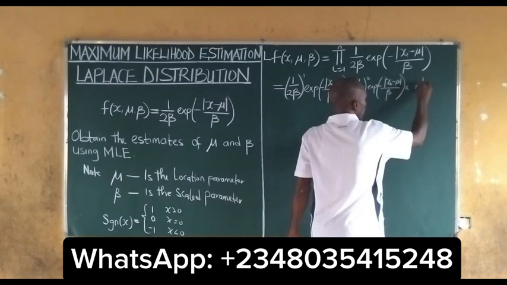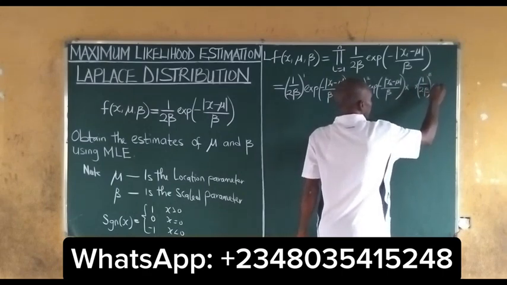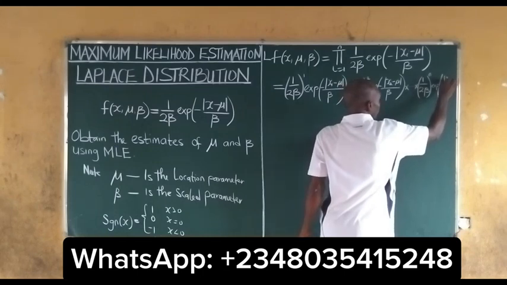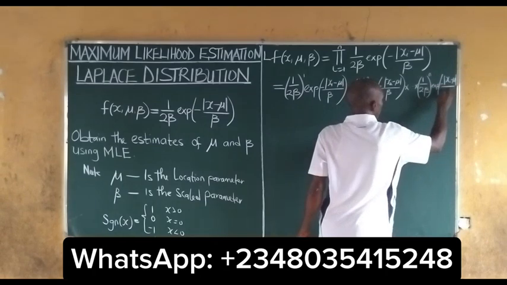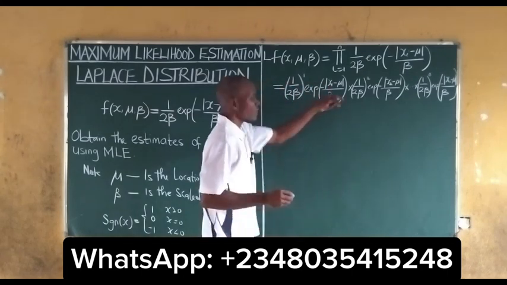You now get 1 over 2 beta raised to the power of n, exponential negative xi minus mu over beta. This is what we get.